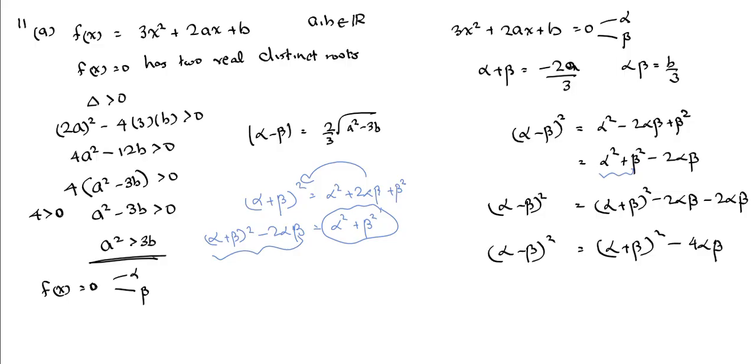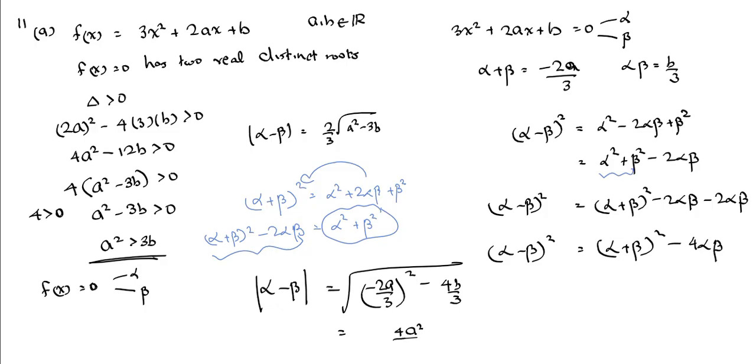Now what we want is the modulus of this. So we are going to take the root of alpha minus beta squared, only the positive root. So this would be alpha plus beta squared, which is actually minus 2a over 3 whole thing squared, minus 4b over 3, all under the root. Simplify, you will have 4a squared over 9 minus 4b over 3.